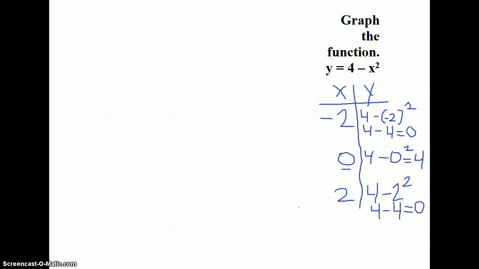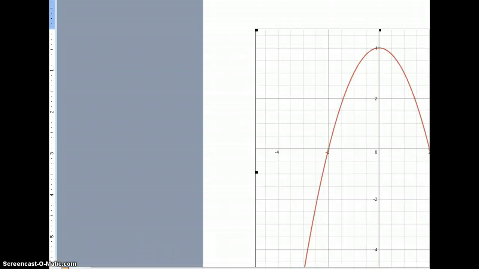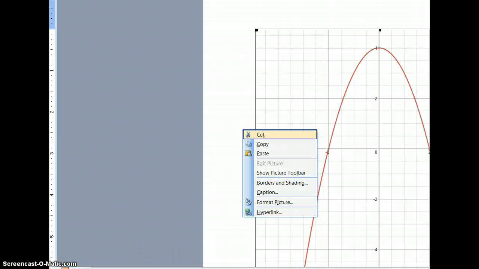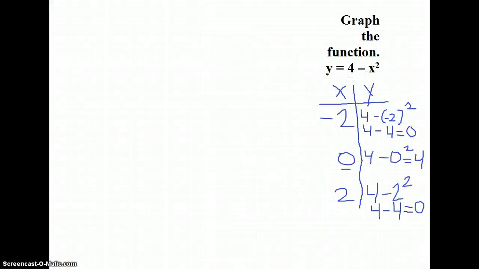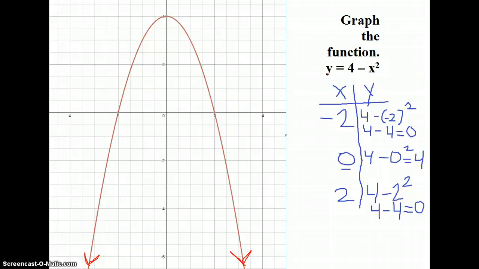We have enough points to plot and see what the graph looks like. So here's the graph. And as you can see, it's an upside down parabola.